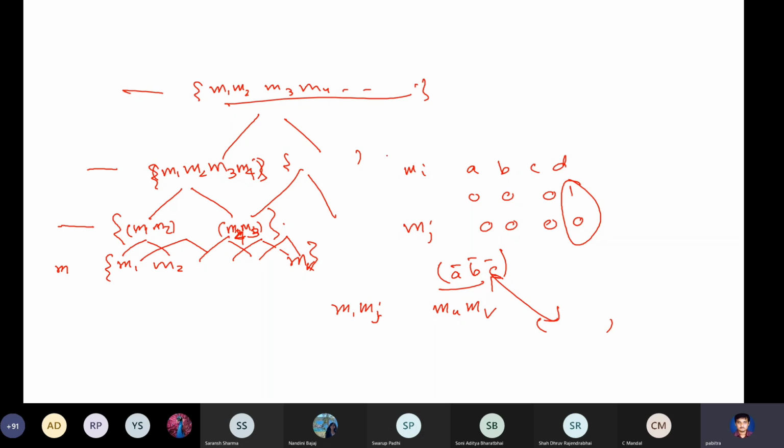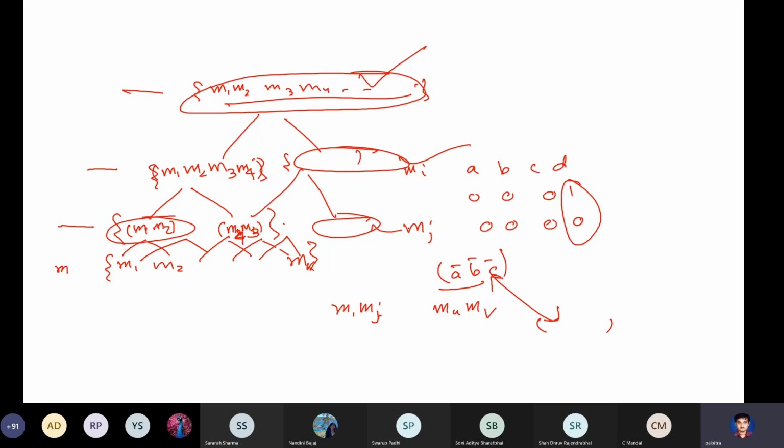For example, there is one cube here which is not combinable, so you retain all of them. Your final set of implicants will be this, this, this, and this. Whatever cubes cannot be combined further with anybody else are your set of implicants. They may be of varying size.